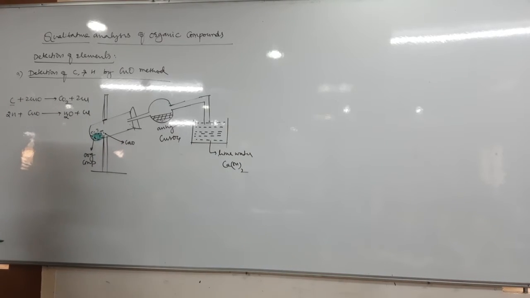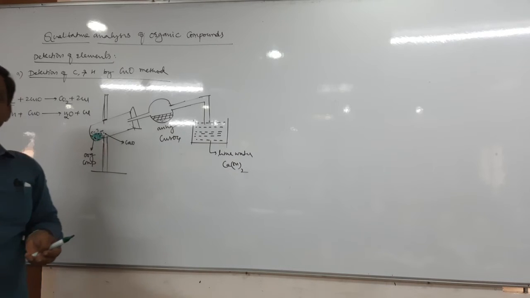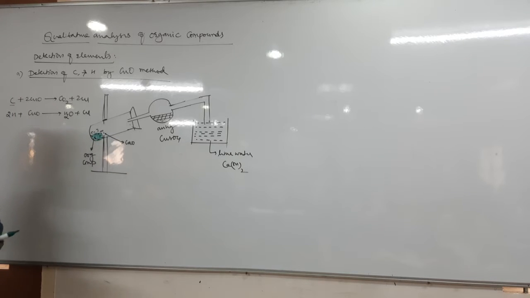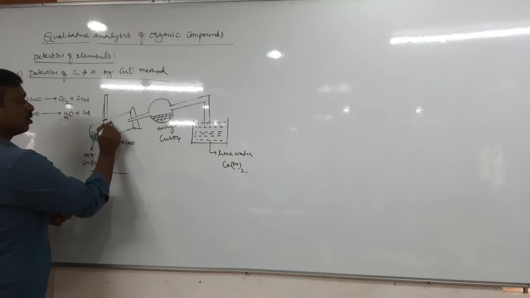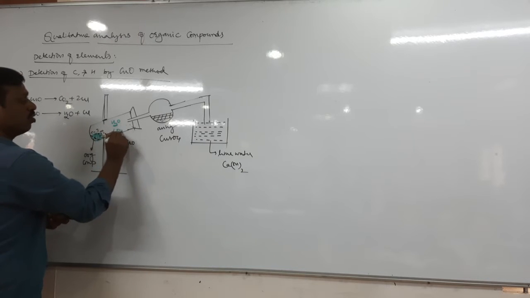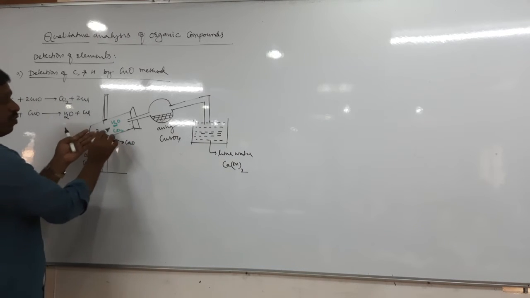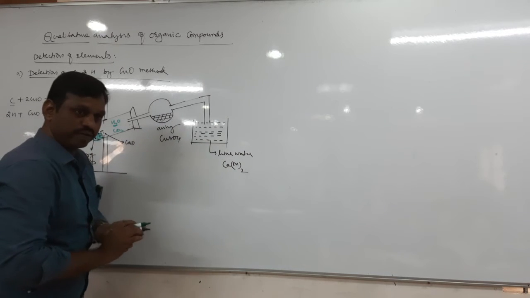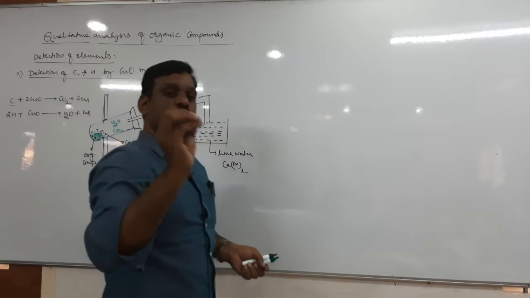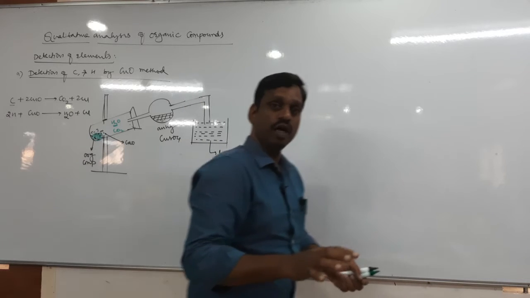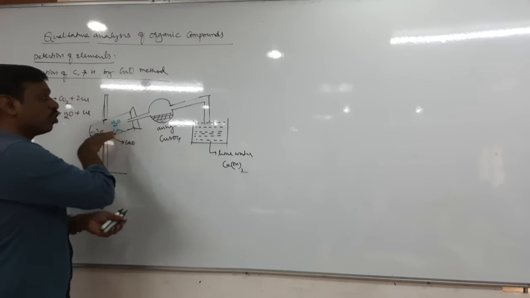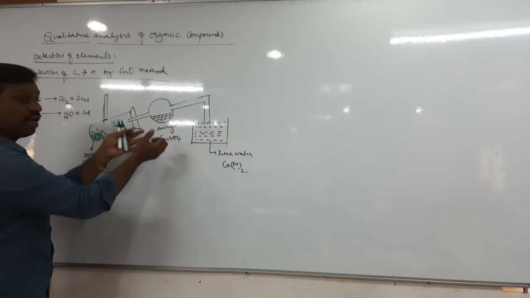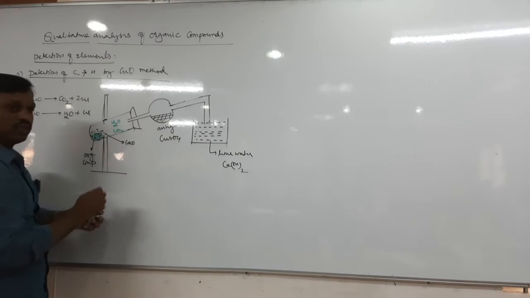Now detection of water, let's see. Tell me, how do you detect water? Here water is formed and CO2 is also formed. Now this CO2 and water are passed over anhydrous copper sulfate. We know that anhydrous copper sulfate is colorless, but when water is passed over it, the anhydrous copper sulfate absorbs the water.